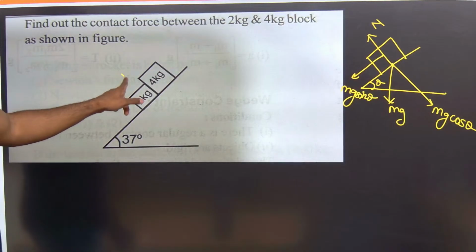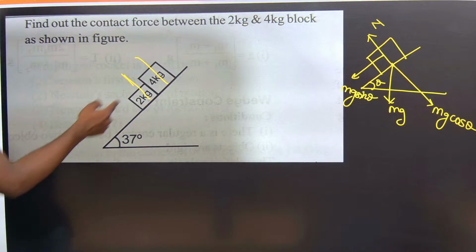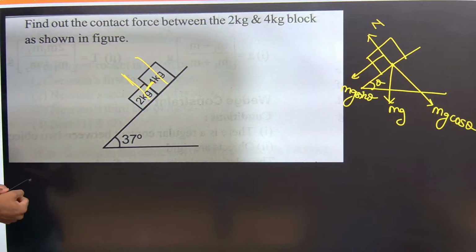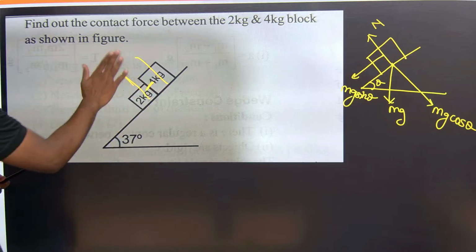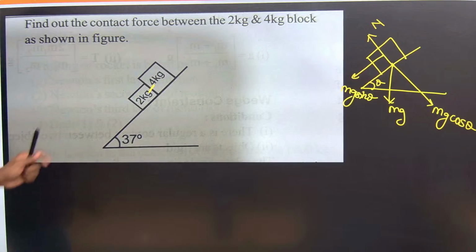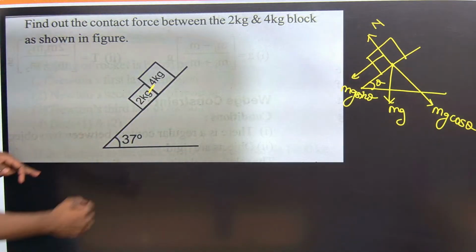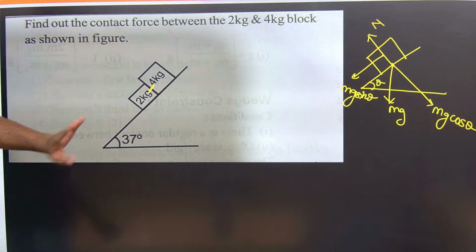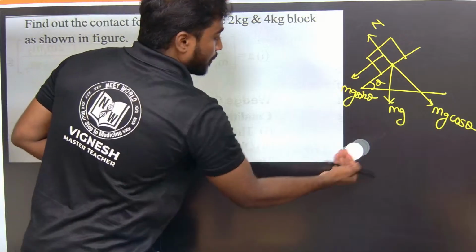There will be a normal force in this case, and here also one normal force, and there is a normal force here also. Now one normal force, two normal force and three normal force. We are talking about the normal force in between these two blocks. So the object is moving in this direction, I will write here.